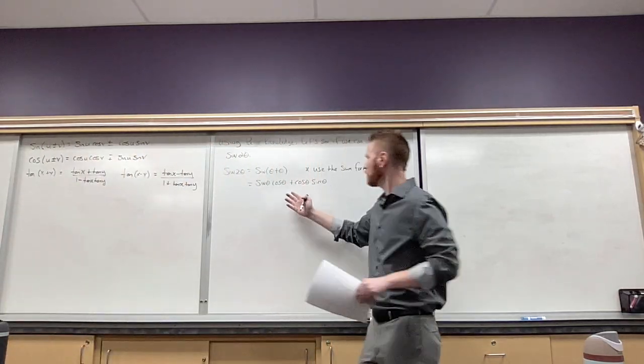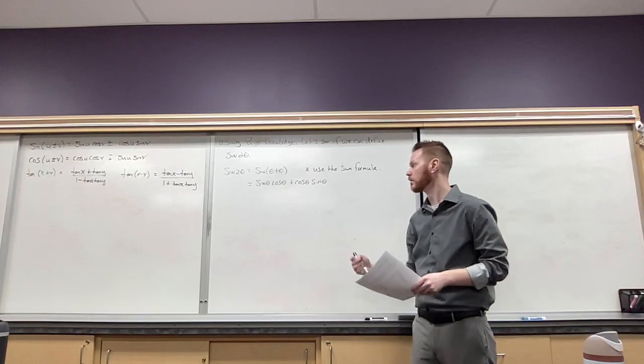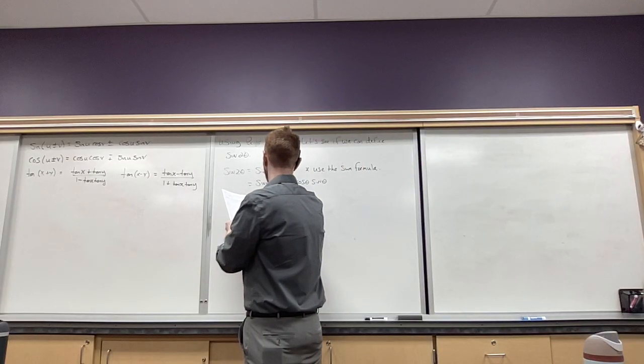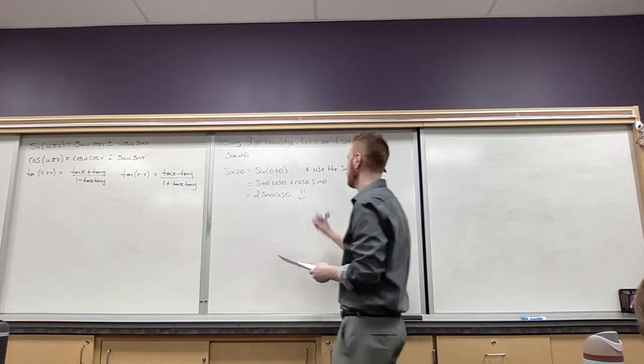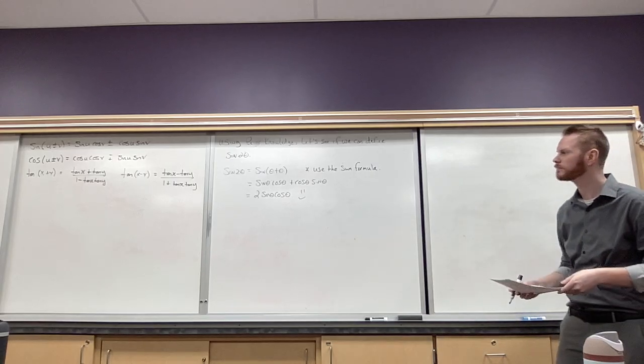If you look, we have the same thing twice. I know it's flip-flopped because of the formula, but they are identical. So there's 2 of them, and this is just equal to 2 sine of theta, cosine of theta. And there we go, there's our double angle identity for sine.